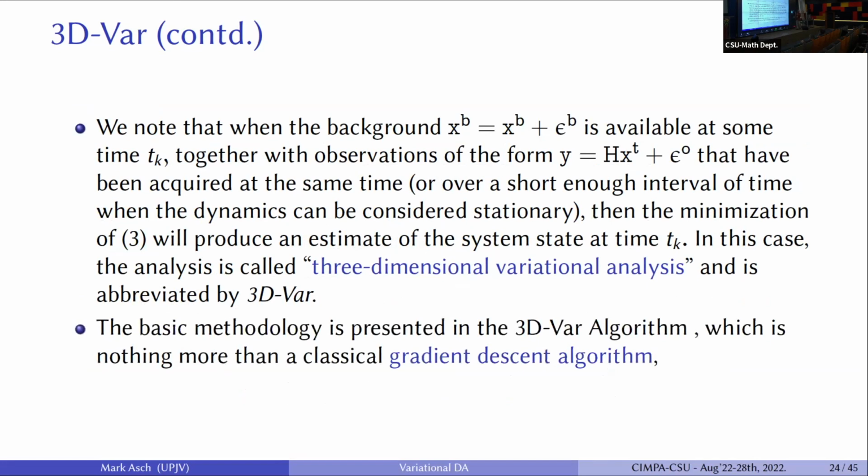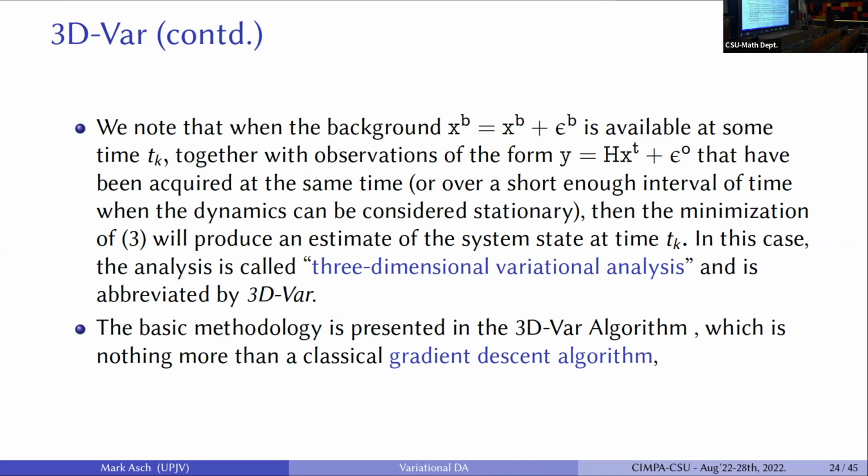So what happens, in fact, is that when the background, with that epsilon b is our measure of the observation of the background error, and together with observations hx plus epsilon o, that's for the observation, we have them that we've acquired over time, or a short enough interval where the dynamics can be considered stationary, because 3D var is basically a stationary approximation method, whereas there's an extension to a time-dependent method, which is called 4D var.